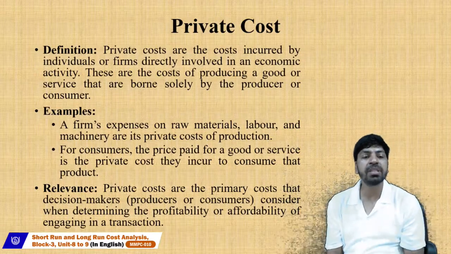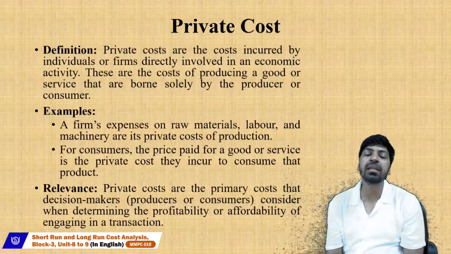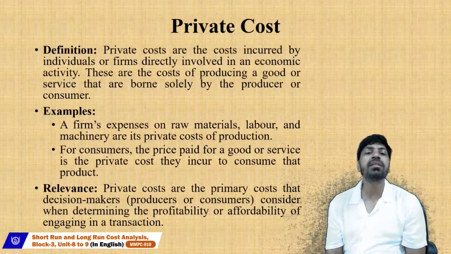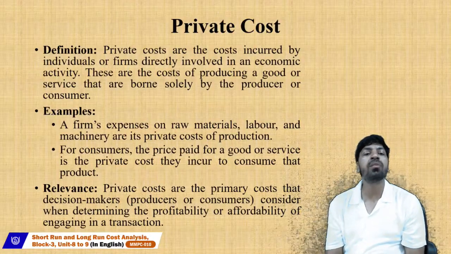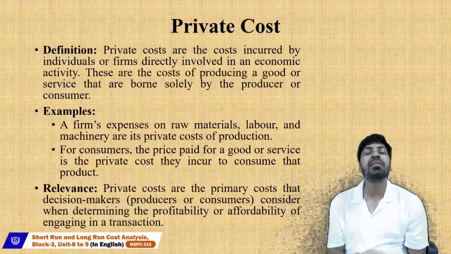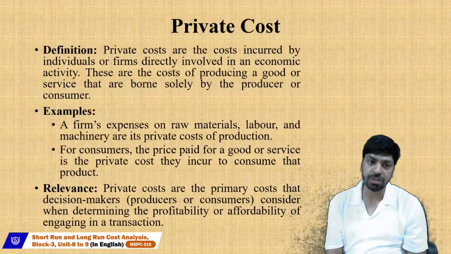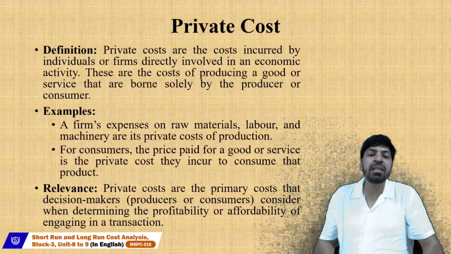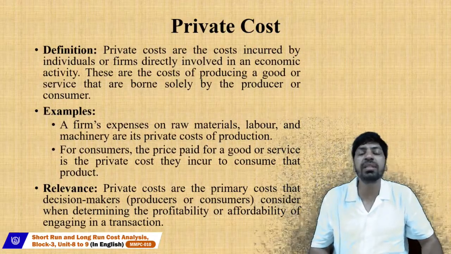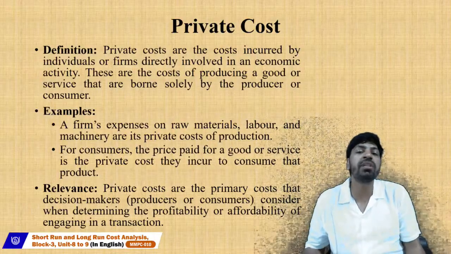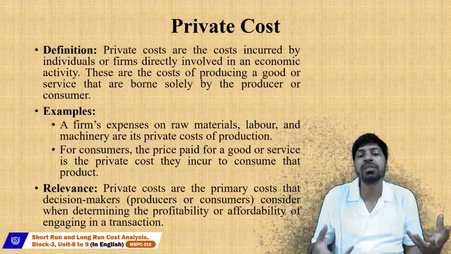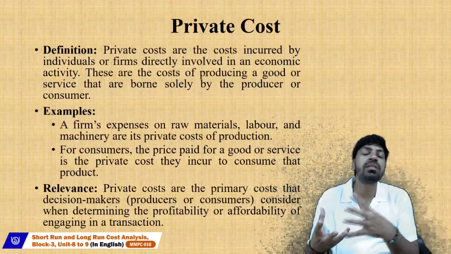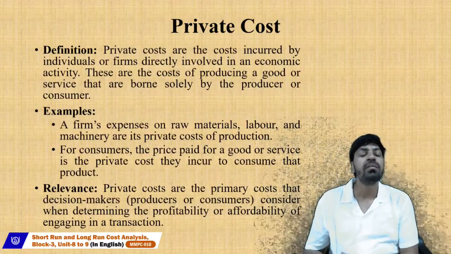A few examples shown on this slide are a firm's expenses on raw materials, labor, and machinery, which are the private costs of production. For consumers, if the consumer has paid a price for a particular good or service, it becomes the private cost for that consumer because it was incurred to consume that product.